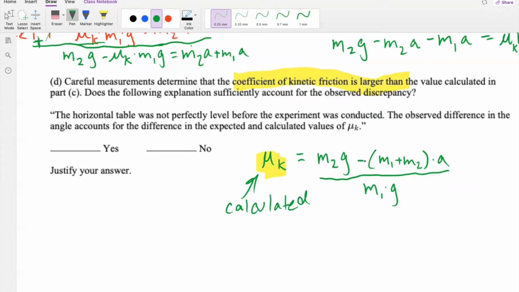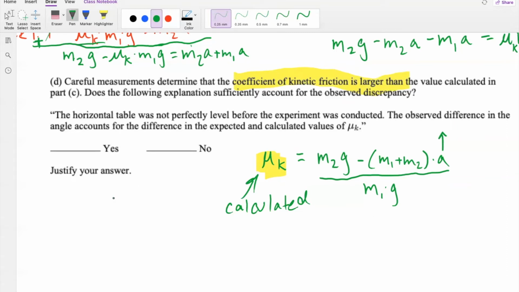Well, we have this subtraction term. And if the acceleration is larger than expected, then for that calculation, the overall numerator is going to be smaller. Maybe the weight got bigger, but I don't think that's going to happen, right? The mass isn't changing of block one. The gravitational field strength, as far as we know, is not changing.